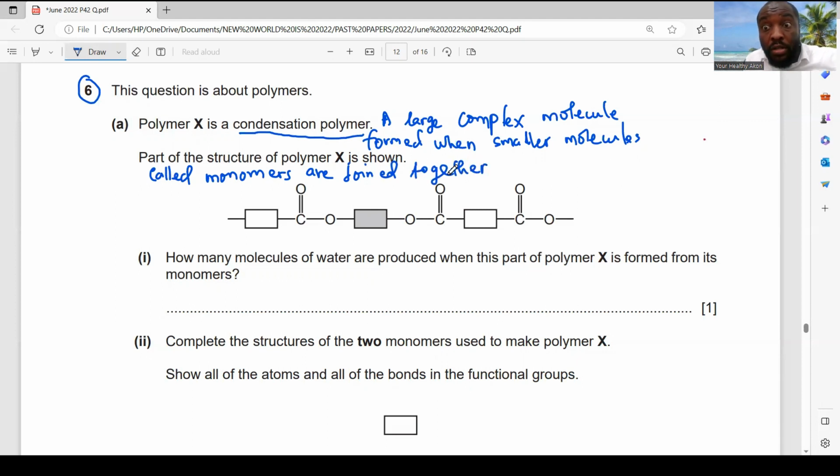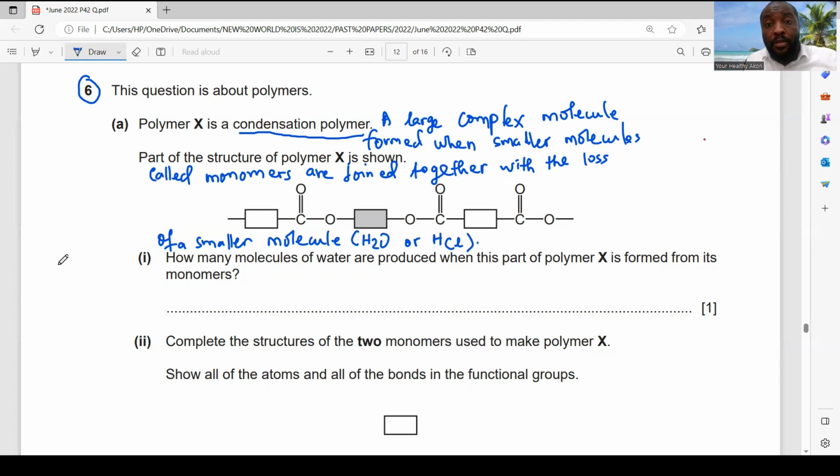One keyword is with the loss of a smaller molecule. That smaller molecule could be water, or it could be hydrogen chloride gas.